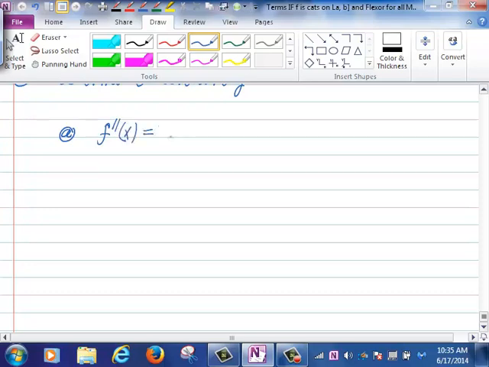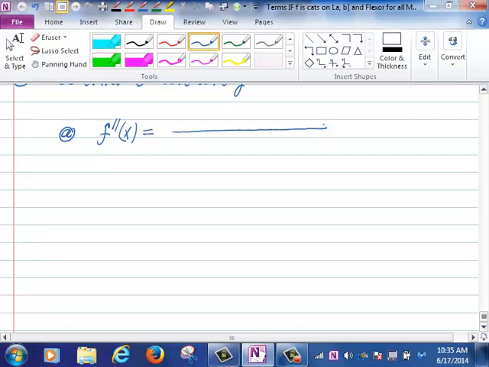Well, this time, what was the denominator in the first derivative? In the first derivative, the denominator is what? I think it was 2 times x plus 1 to the 3/2.